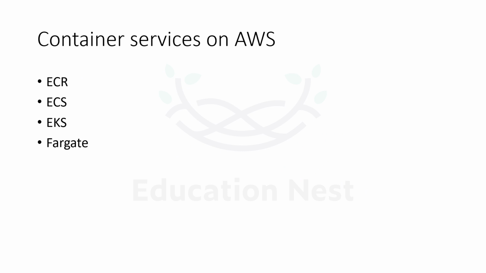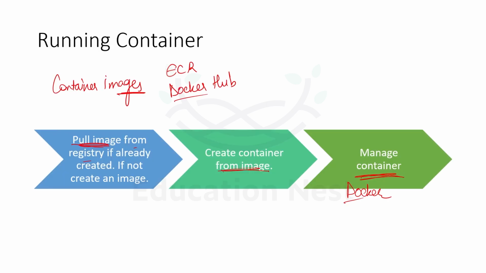So now we have container services on AWS. So let's get started with this one. But before that, I just want to add one more thing over here. For creating this image, we need one Dockerfile. A Dockerfile is nothing but a text file that contains the instructions to create the Docker image.